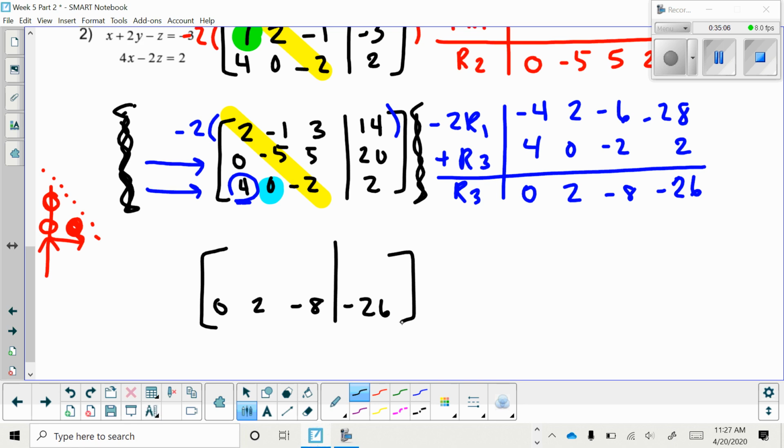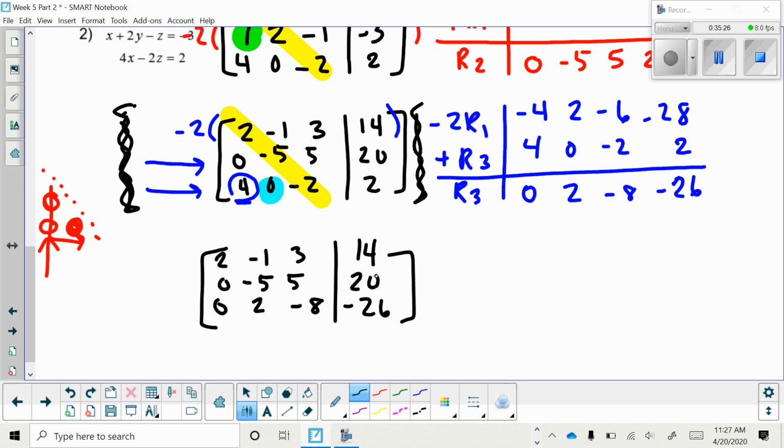Even though I did math on row 1 to make this happen, I did not permanently change row 1. So row 1 stays 2, -1, 3, and 14. And then row 2 is this. Right?